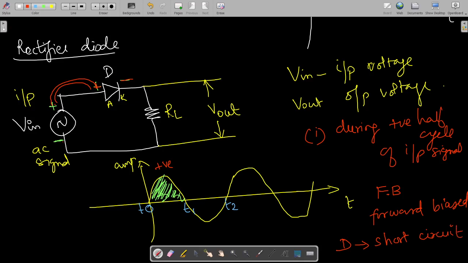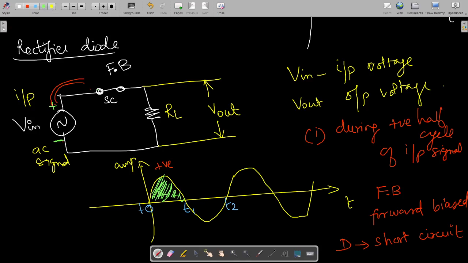Short circuit means I can replace this by a simple line. So this is the representation of a short circuit. During the forward bias condition, a diode can be replaced by a short circuit. Then what would happen automatically?